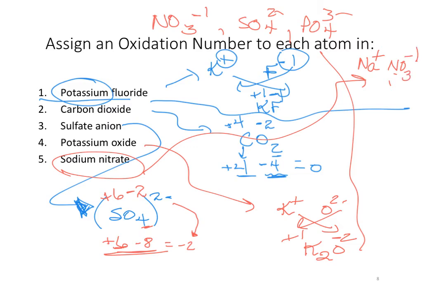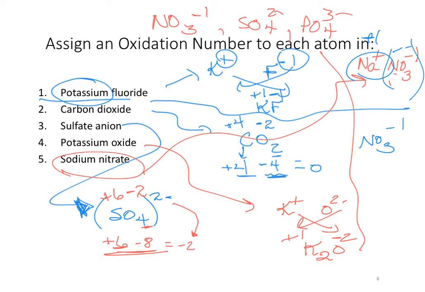All righty, so now let's assign oxidation numbers. So sodium is simply an ion, so it has an oxidation number of +1. That was easy. Nitrate, now you've got to determine what each of those atoms, nitrogen and oxygen, are. So I'm going to move it down by itself so I have a little more room.